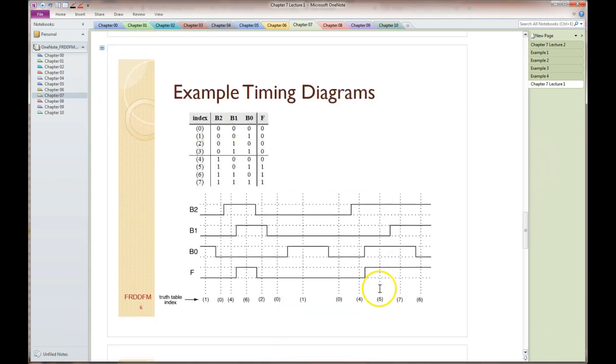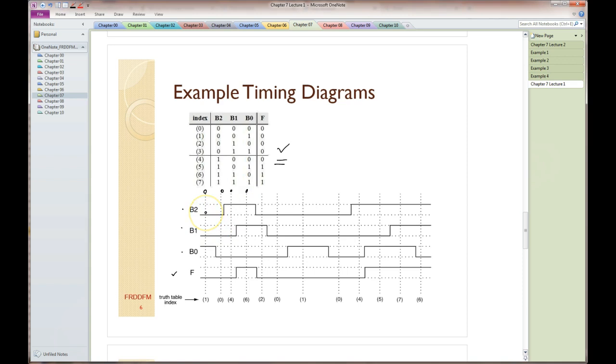So this is a truth table that we've been working with before. It was the main example in the previous chapter, and we're going to use this to show a little bit more complicated timing diagram here. So the output is F, it's indicated right here. The three inputs are indicated right here, and what I've done is draw these little dotted lines down the middle of these things to show what these values are.